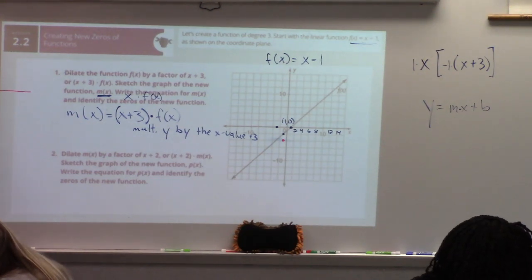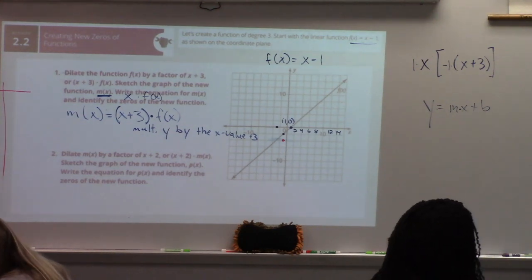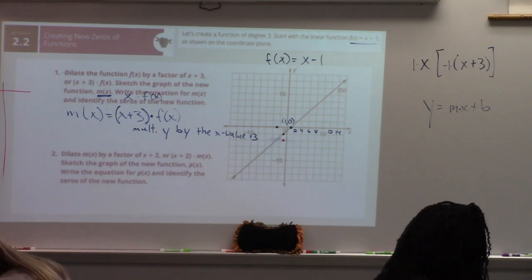And then you need f of x. What else do you need for each of those x values? I'm dilating f of x by something, so what else do I need to dilate it? The y. That is the y. Well, I'm trying to get m of x.